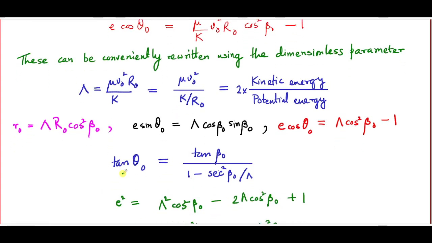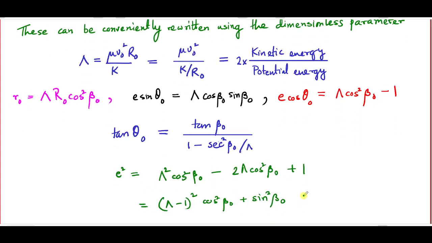To find E, all you have to do is square and add these two expressions. And when you square and add these two, you get lambda square cos square beta 0 sin square beta 0 plus lambda square cos to the 4 beta 0. The sum of these two giving me this. You also get a minus twice lambda cos square beta 0 term from here and a plus 1.